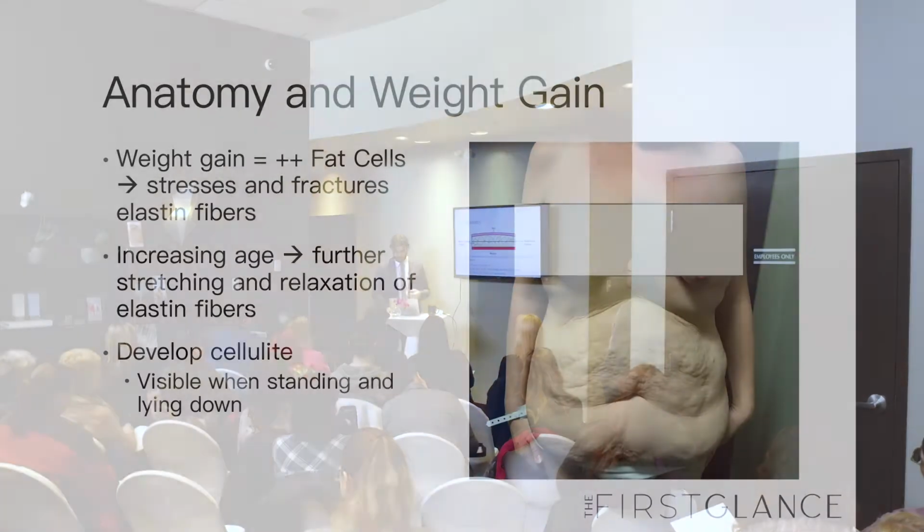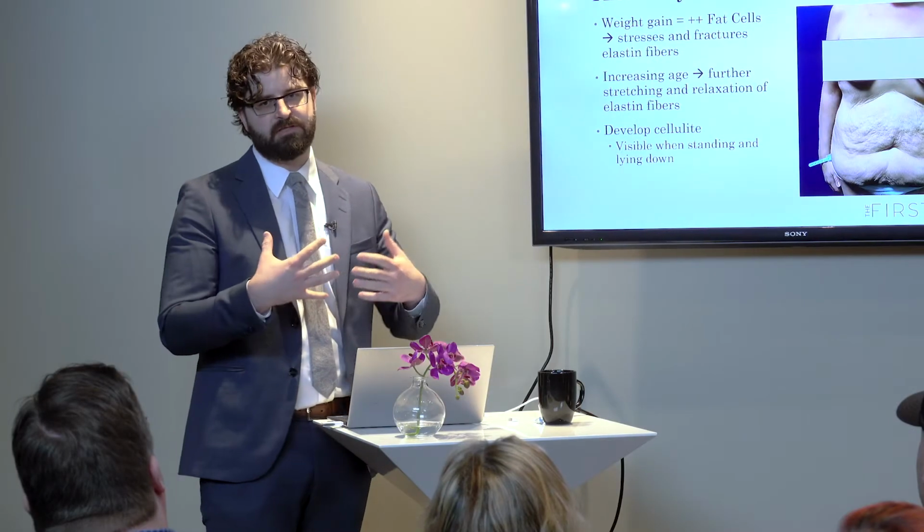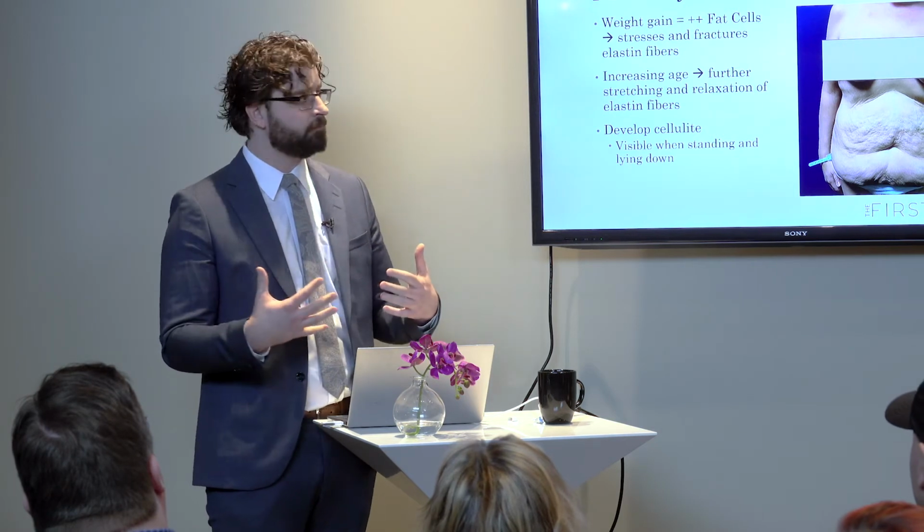Now with weight gain, what we end up seeing is the adipose tissues or the fat cells underneath the skin, they get bigger. And as a result of that, the skin needs to accommodate. So the way the skin accommodates is by decreasing its elastin, or the rubber band nature of the skin, in order for those skin cells to repopulate and then become a new baseline norm.